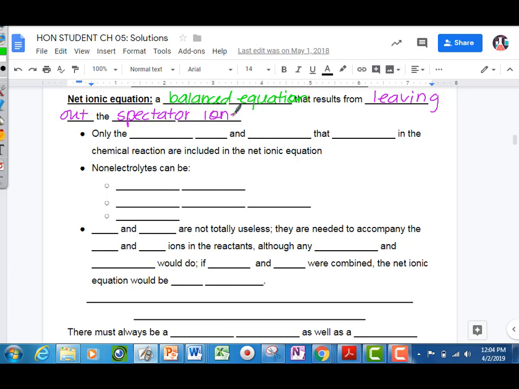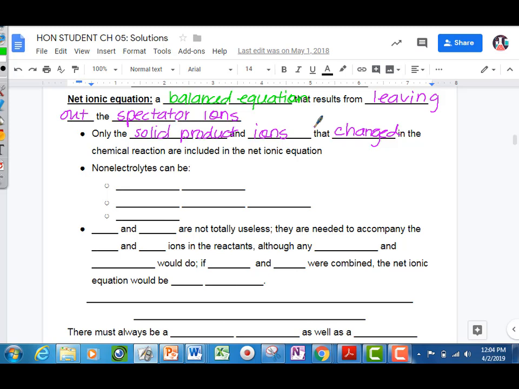So we crossed them off, and then the thing that we wrote was only the solid product and the aqueous ions that formed it. So only the solid product and ions that changed in the reaction are included.